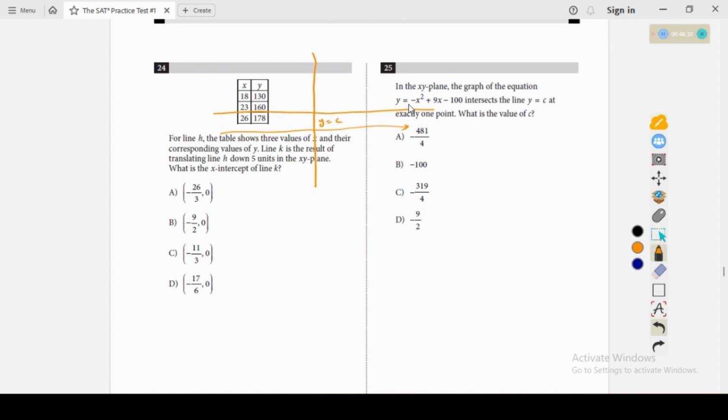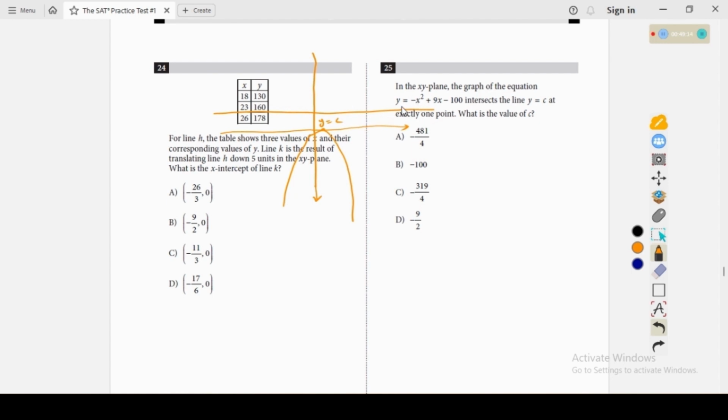This equation y equals minus x square plus 9x minus 100 represents a parabola, which can have a shape like this. What I want to show is that if a straight line intersects this parabola at exactly 1 point, then that point will be the vertex of the parabola.